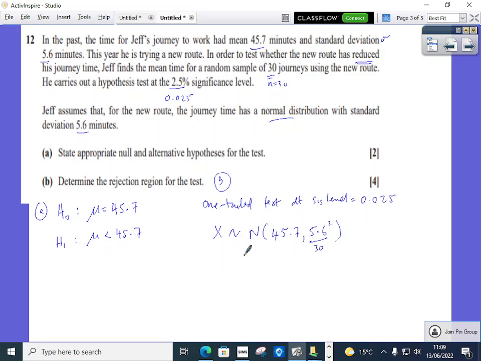Now, given that's the case, he now says we need to find a region. So it goes here, determine the rejection region. Now before I start, I like drawing anyway, but it's nice to draw and see how things are. So we know that we want to find a rejection region here. So this is our critical value, which we're going to find out, given that the mean is 45.7.